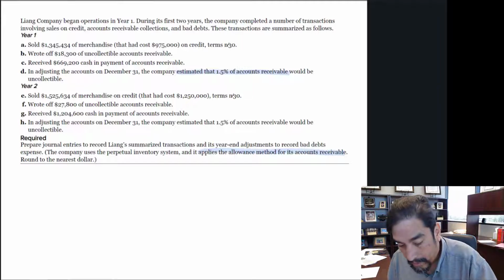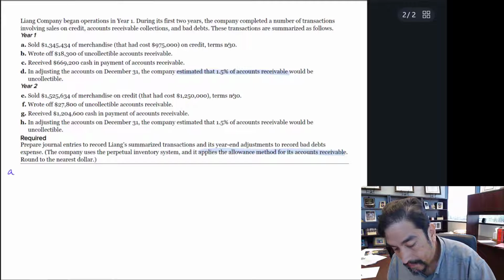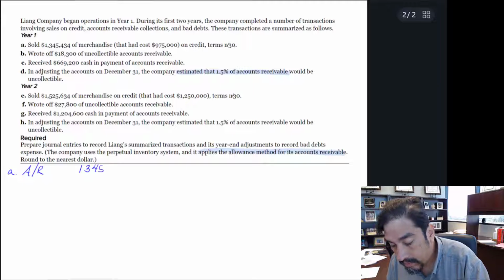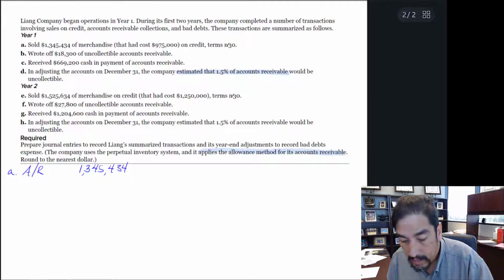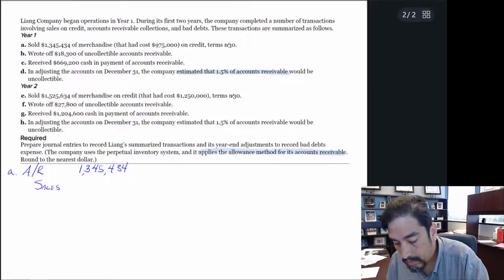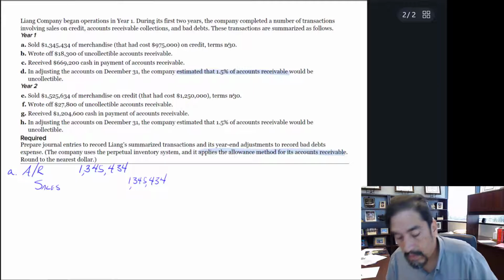I'm just going to call this A. We are going to record our accounts receivable for that huge number, and we are going to record sales for the same number.